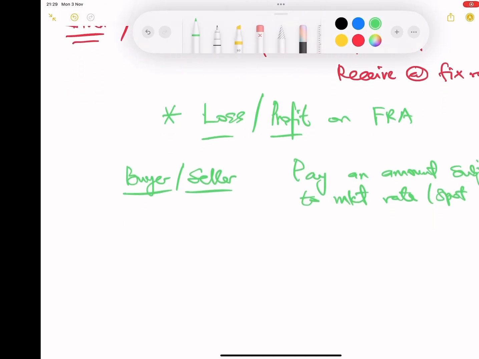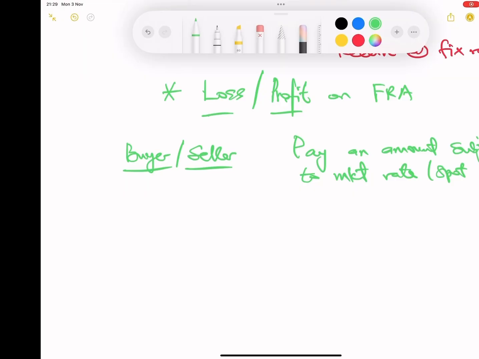And how do you know how much you are going to pay? Think about it this way. If you are a buyer, what are you paying? You have to pay FRA, which is the agreed rate minus the spot.